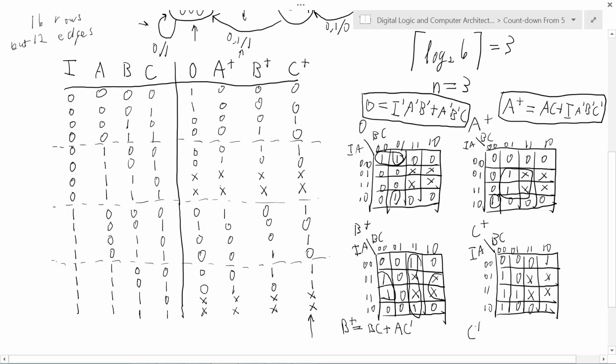Finally, our last bit, C plus. I see a group here, and there is a group here.